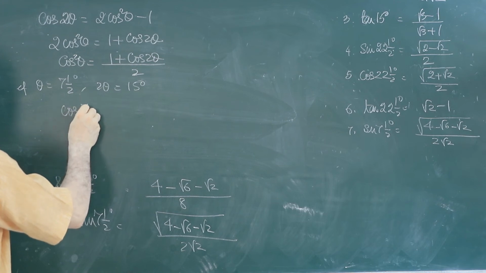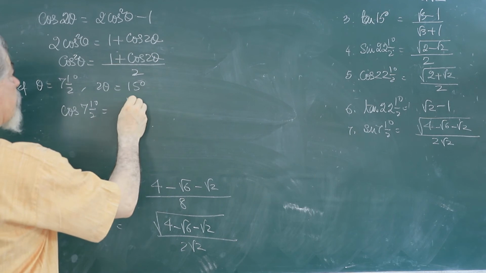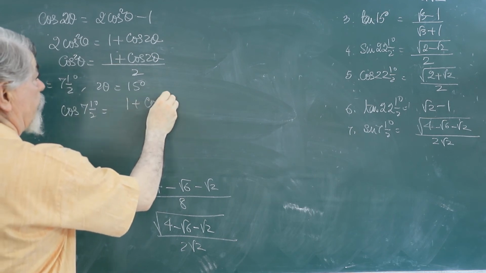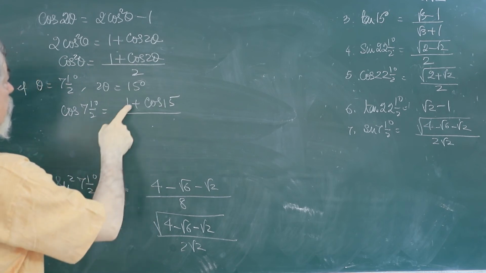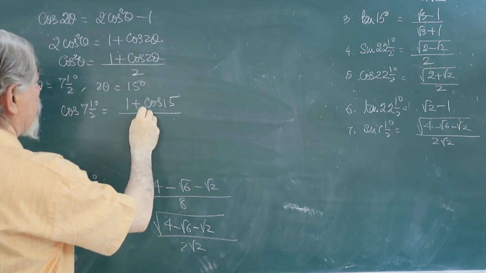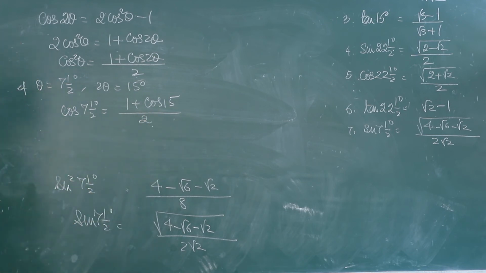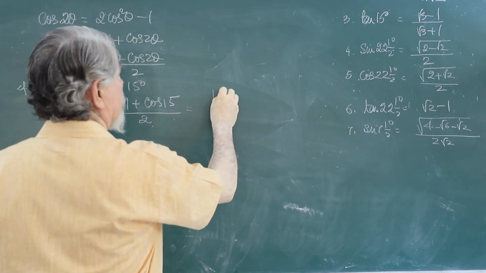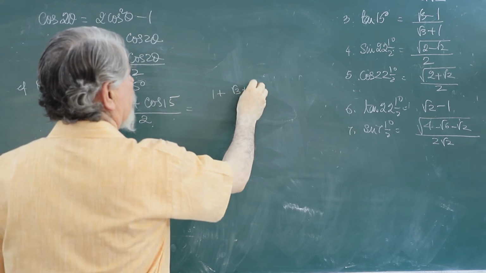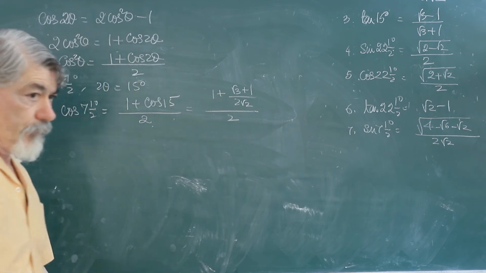Cos square 7.5 degree will be equal to 1 plus cos 15 upon 2. The value of cos 15 we have calculated as root 3 plus 1 upon 2 root 2. So it will become 1 plus root 3 plus 1 upon 2 root 2, upon 2.